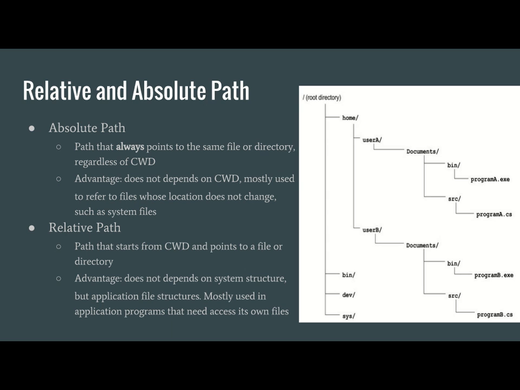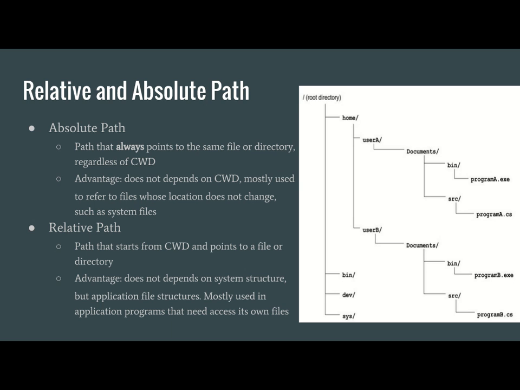That's the absolute path. You have to start from the root, and it does not depend on the current working directory. So you can always use that path regardless of where your program is running, regardless of where the program is stored. You can always find this file by using an absolute path.